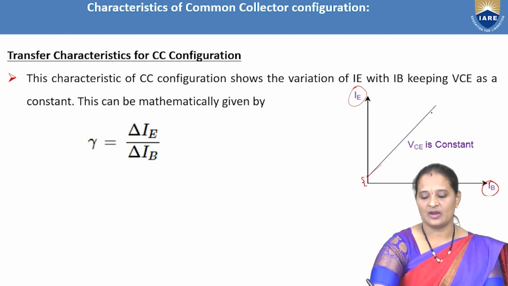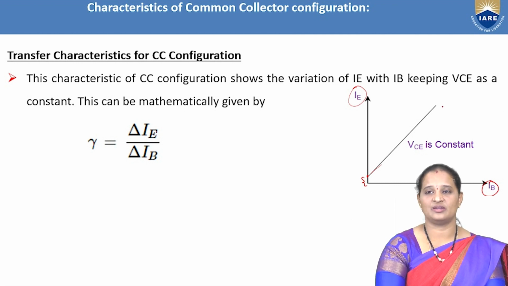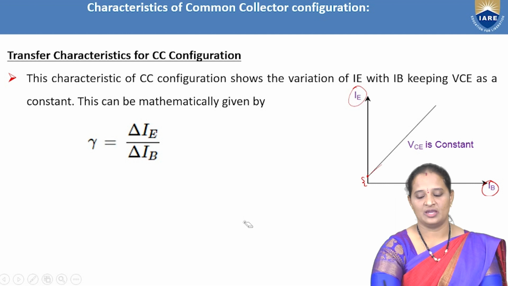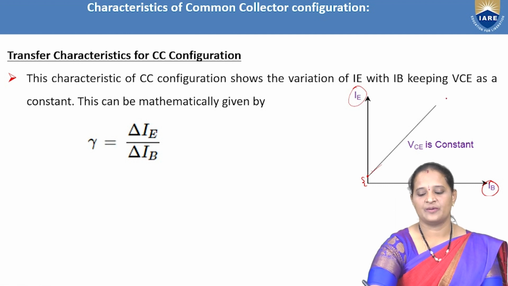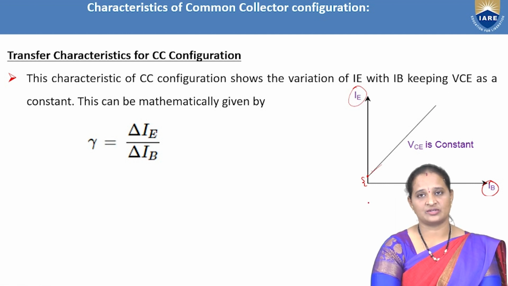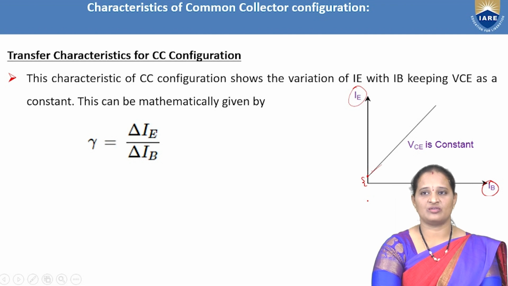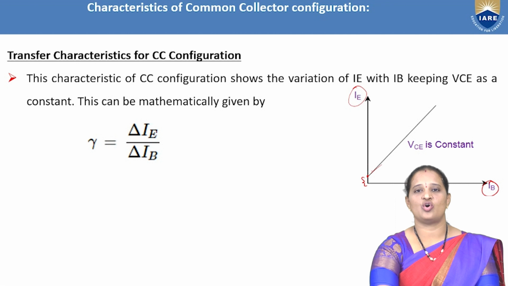After this, when IB increases, the IE also increases. So this is the transfer characteristic curve of common collector configuration, which shows the relation between the input current IB and the output current IE of a transistor under common collector configuration.